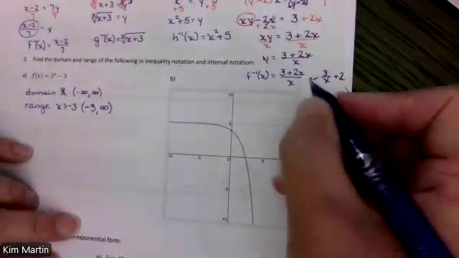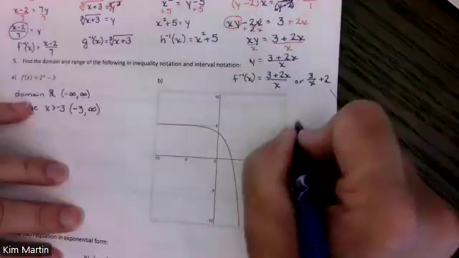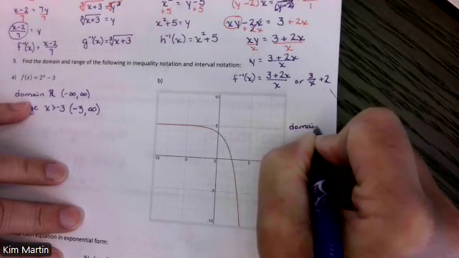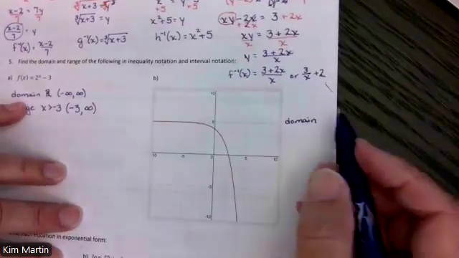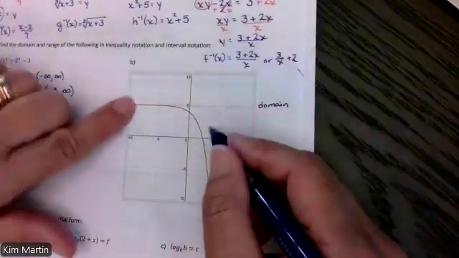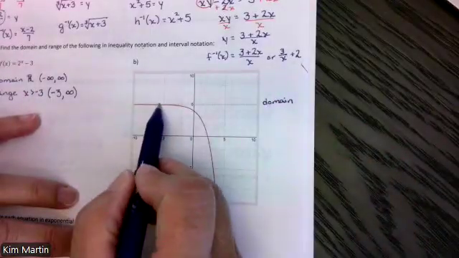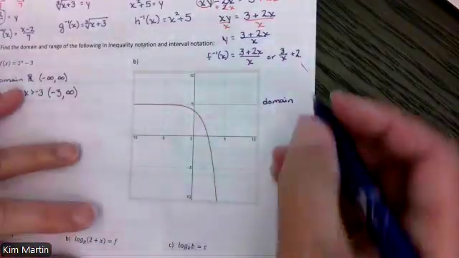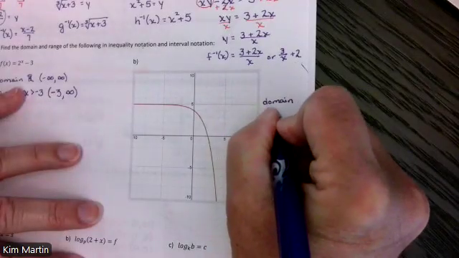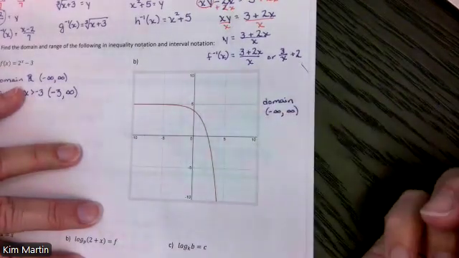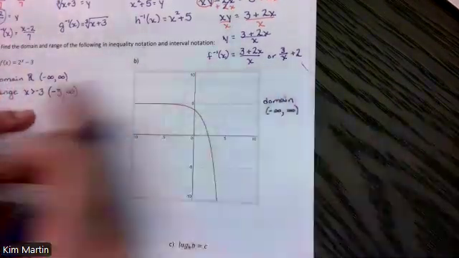Our domain, let's see if I can squeeze it in over here, because that problem up above was in the way. The domain for this graph, it's an exponential, so it's negative infinity to infinity. We use all our x values.